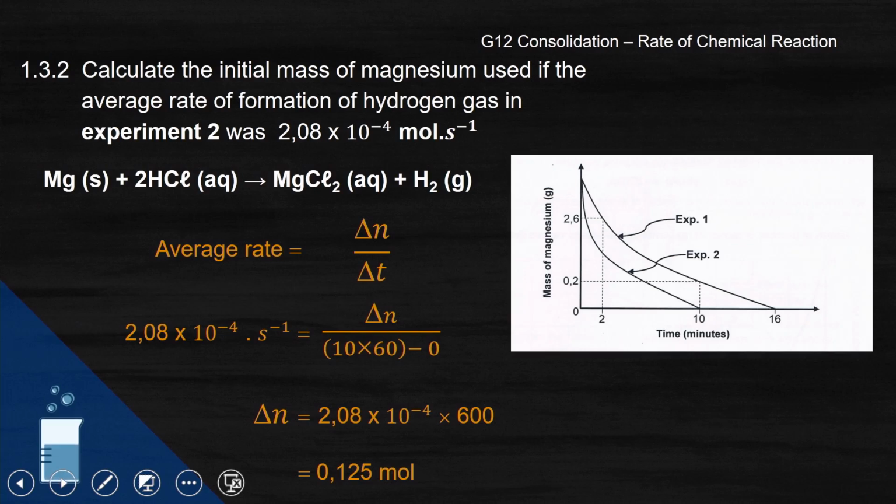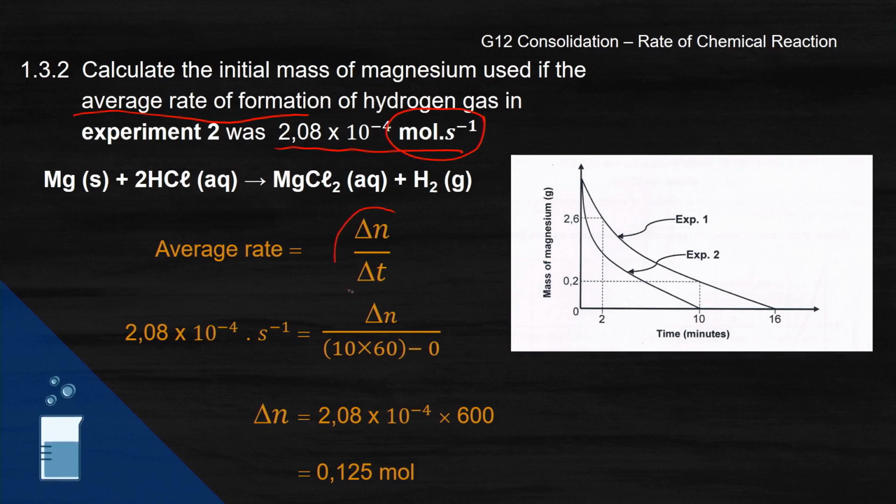Our next question is calculate the initial mass of magnesium used if the average rate of formation of hydrogen gas is this amount here. And you can see that it is a measure of moles per second. The average rate then would be delta n, change in number of moles over change in time.